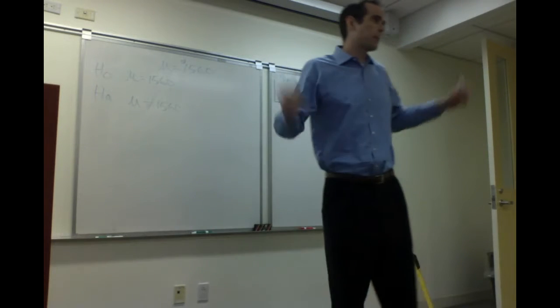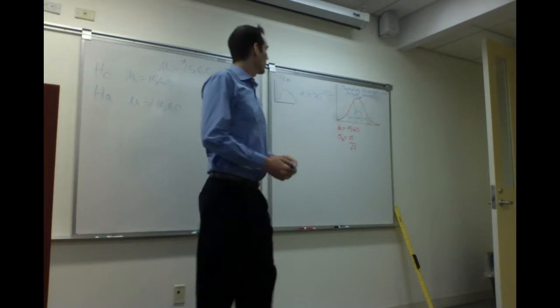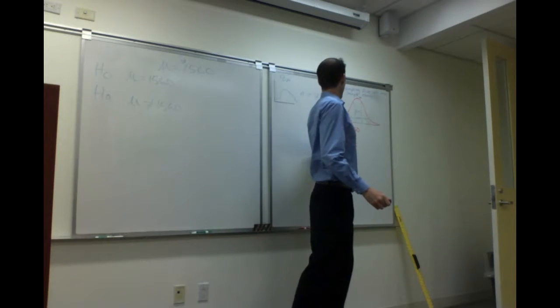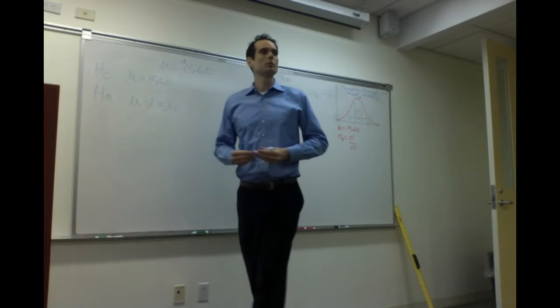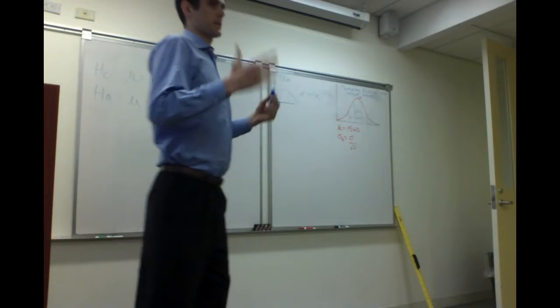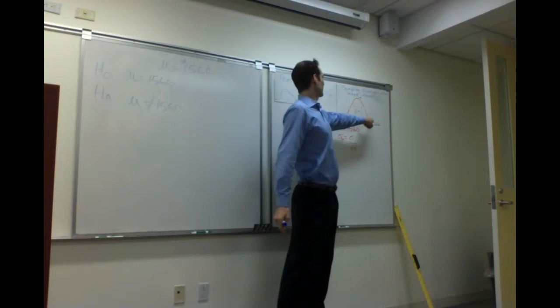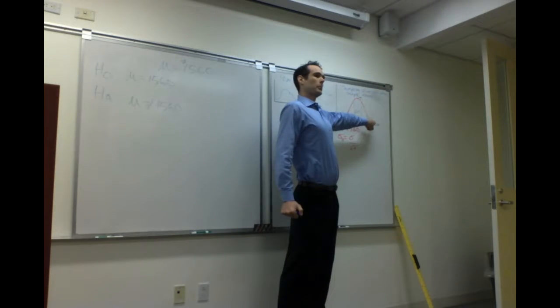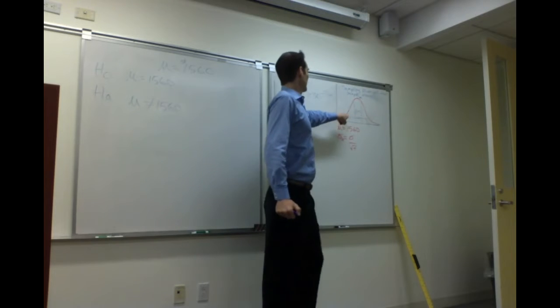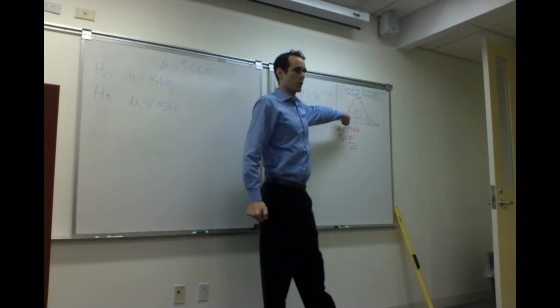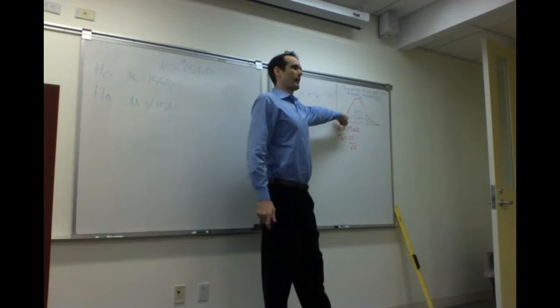So this happens 5% of the time. We might also get a sample mean that is really, really low. That happens 5% of the time. These two together happen 5% of the time. So getting a really, really high sample mean happens 2.5% of the time, and getting a really, really low sample mean happens 2.5% of the time.